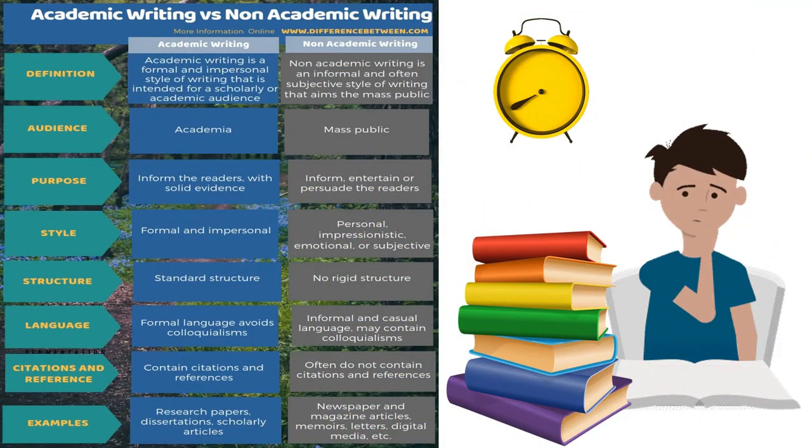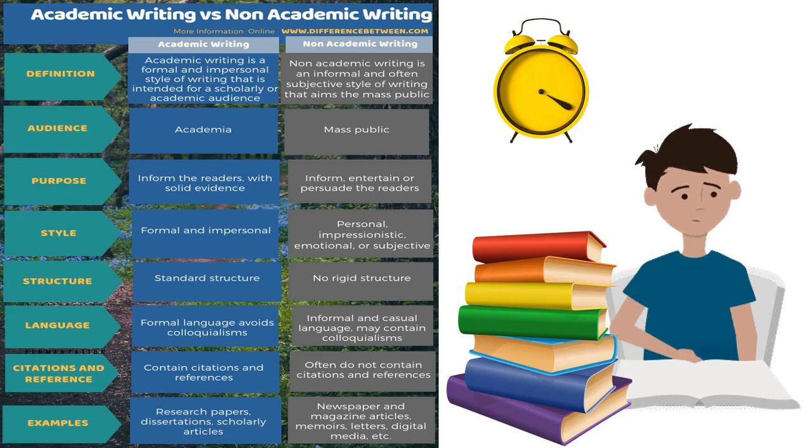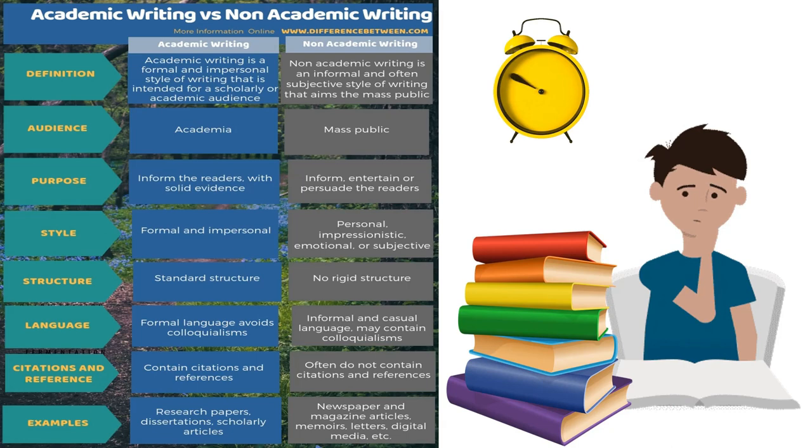Okay, so before I proceed to the next topic, let's first summarize the difference between academic text and non-academic text. For the definition, academic writing or academic text refers to a formal and impersonal style of writing that is intended for a scholarly or academic audience.